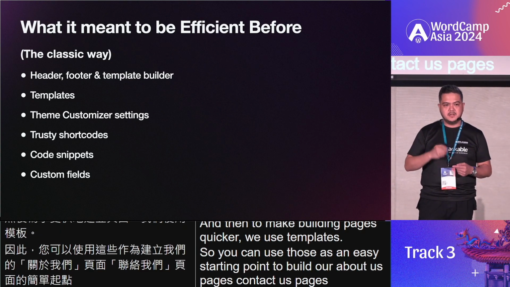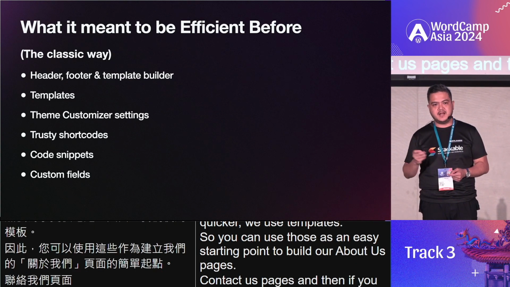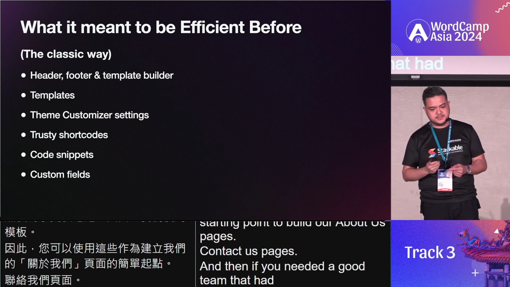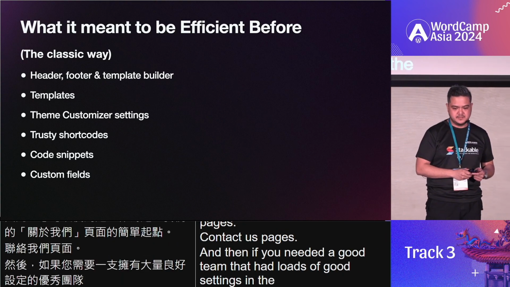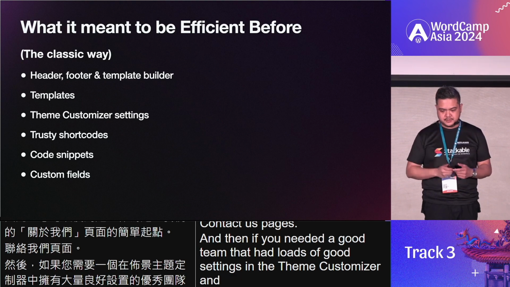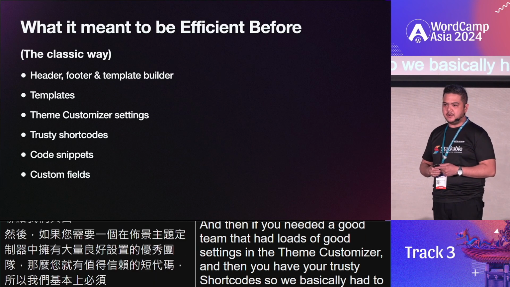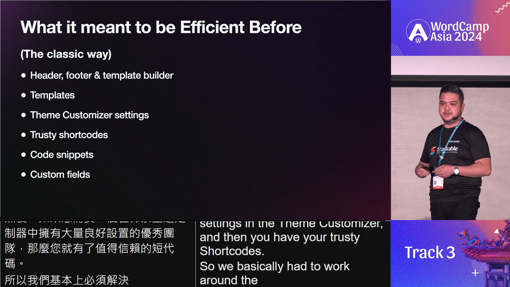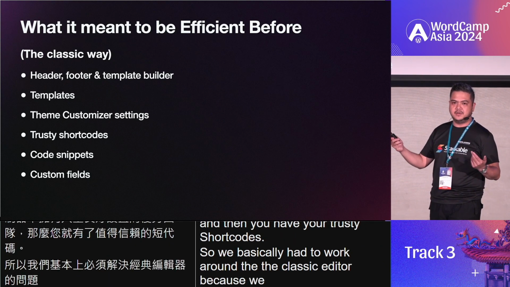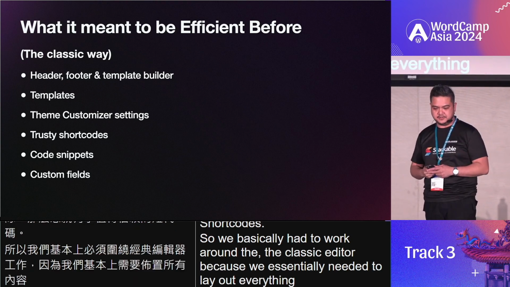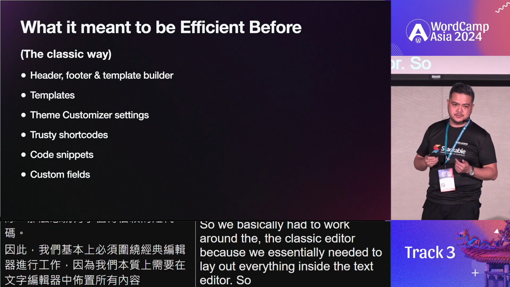And then you needed a good theme that had loads of good settings in the theme customizer. And then you have your trusty shortcodes. We basically had to work around the classic editor because we essentially needed to lay out everything inside the text editor. So we had to use shortcodes.